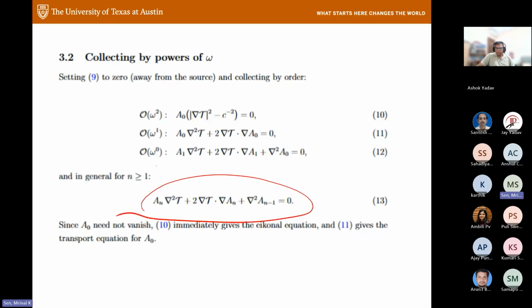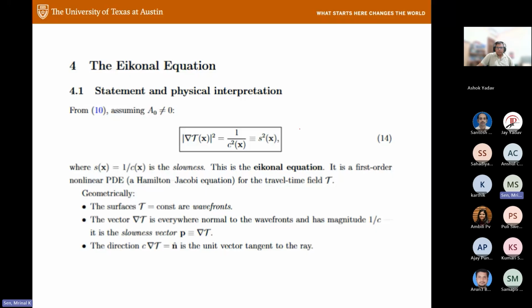From here, we have this famous equation, called the Eikonal equation for the phase term, or the travel time term. Here, we have thrown away terms of high order in frequency because they were appearing as 1 over omega squared. So you're saying that omega is so large that 1 over omega squared is small, and we can throw those terms away.